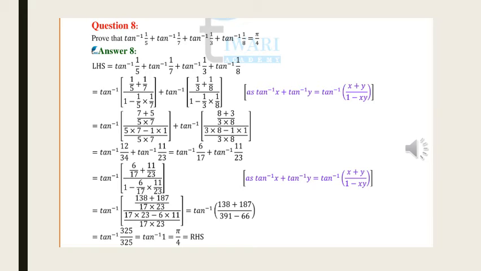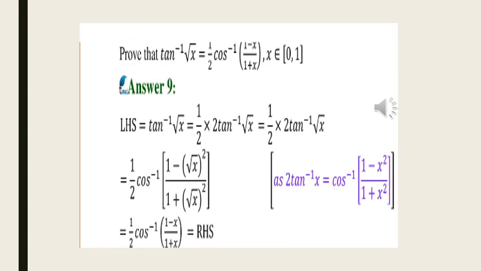So, group the first 2, apply the formula, group the third and fourth and apply the formula. Then again apply the tan inverse plus tan inverse formula once more. Then the answer is tan inverse 1 and that is equal to pi by 4.